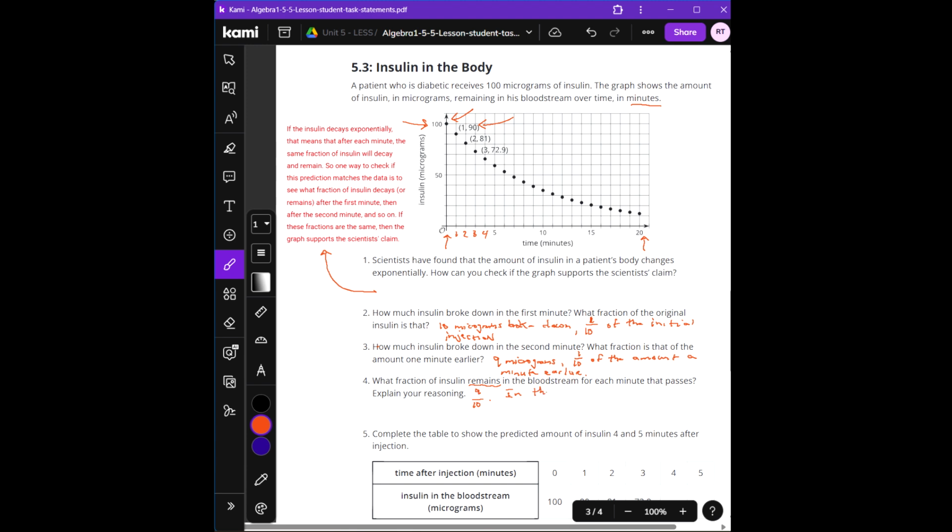In the next minute, another 1/10 of insulin broke down.